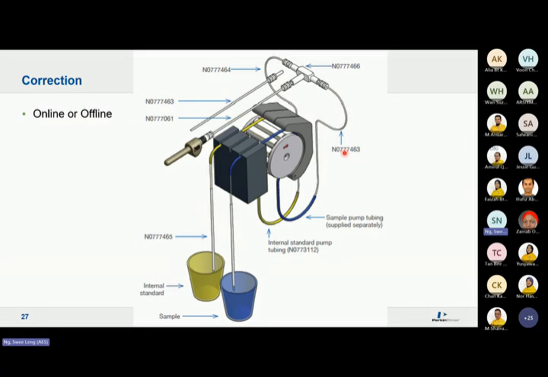Online means you will have a T-piece to join the internal standard and mix it with your sample, blank or standard before going to the nebulizer. That is called online. Offline is tedious. You add it one by one to all your calibration blanks, all your standards and all your samples. You need to add accurately. If not, the correction will have an error.